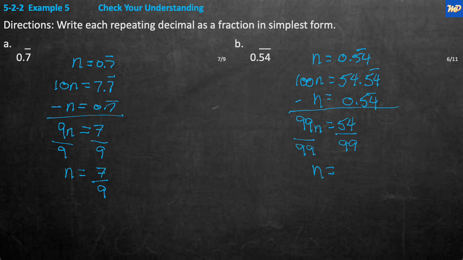You get 9s here, right? 9 times 6 is 54. So we can divide the 9 into the 54, and we end up with a 6. And 9 goes into 99 11 times. So the answer is 6/11. Okay? See that?